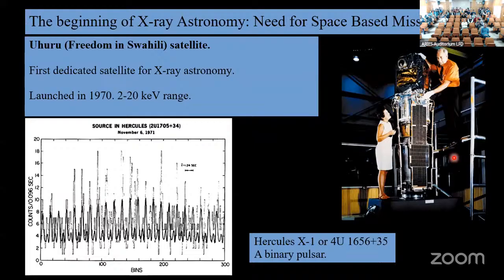The first X-ray telescope, apart from the probes or balloons that we can mention, is Uhuru. This is the first light curve that was gathered by the Uhuru telescope.